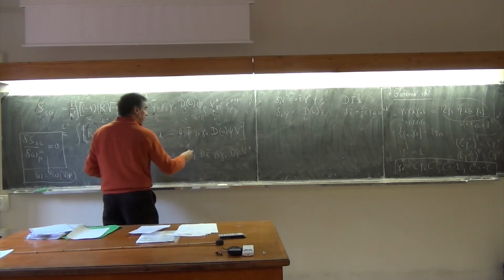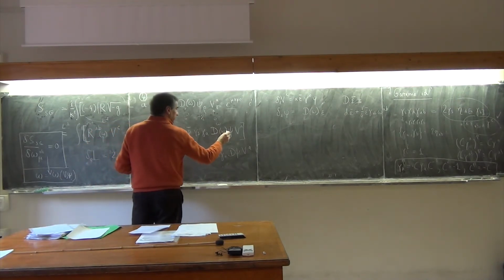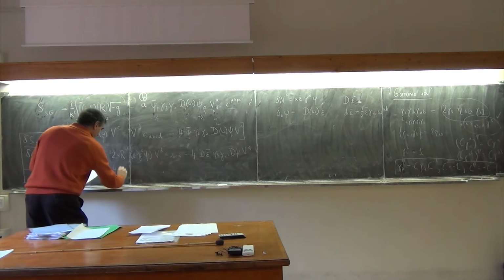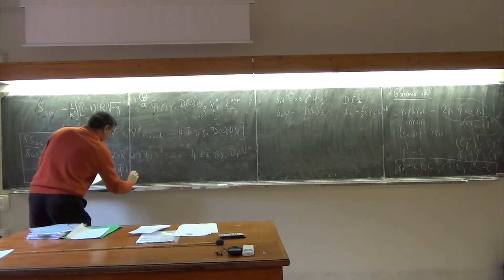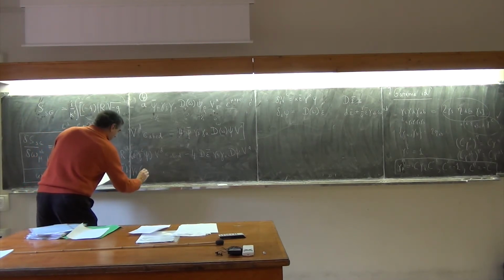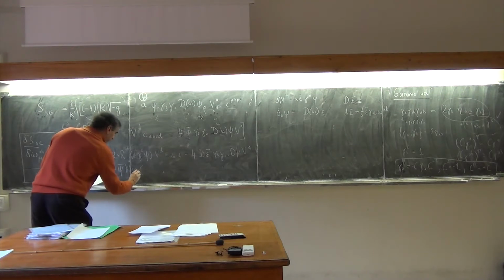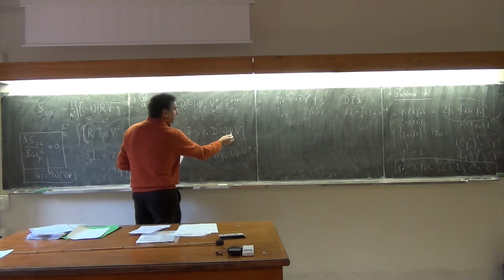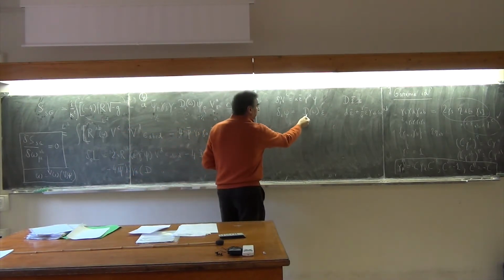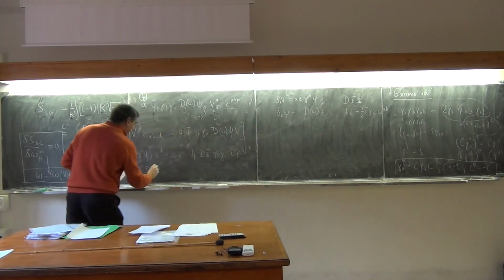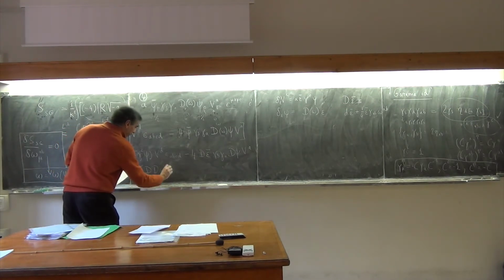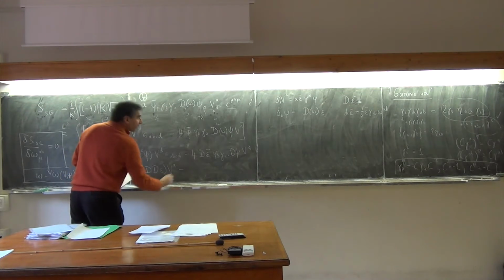But I'm not finished, I have to vary this and I have to vary this. So I have 2 terms more, minus 4 psi bar gamma_5 gamma_A. And here I have gamma_5 gamma_A, the D of what? The D of the variation of psi. But the variation of psi is again a covariant D, so I have the square of the D on epsilon times V^A.